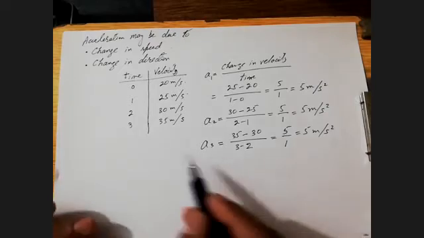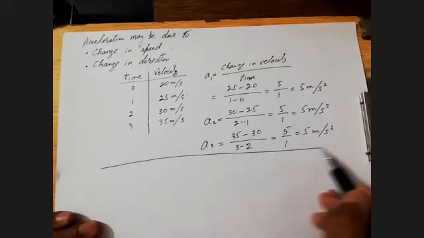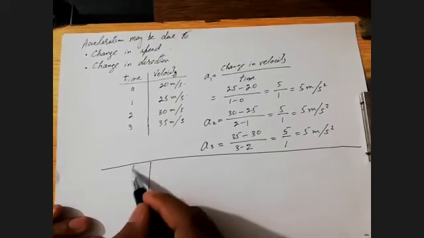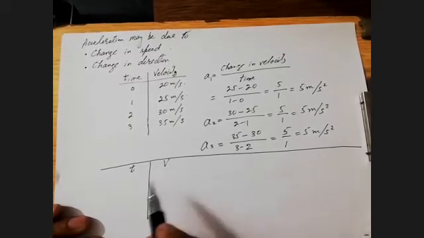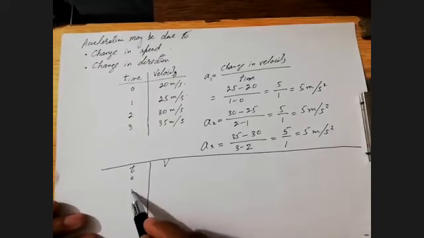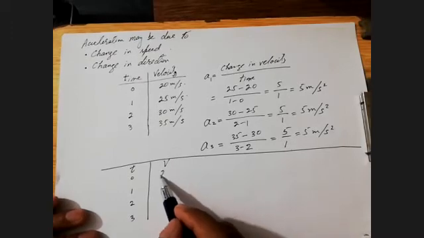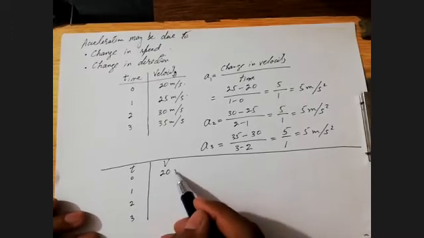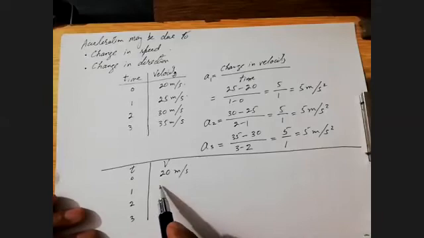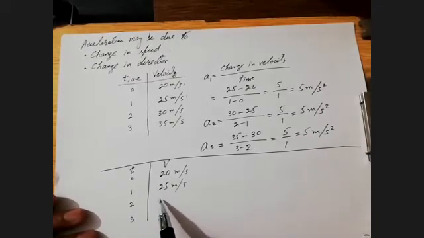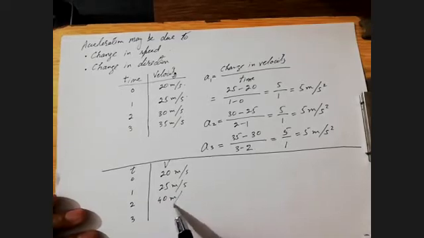Now let us consider another example in which I am using another table, time and velocity, 0, 1, 2, 3. Say initially the velocity was 20 meter per second. Then it became 25 meter per second. Now it became 40 meter per second.